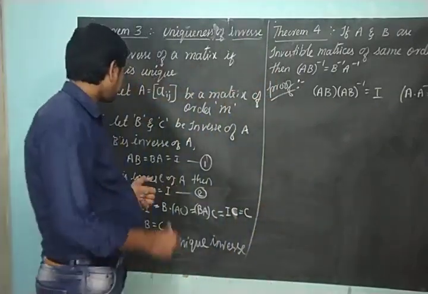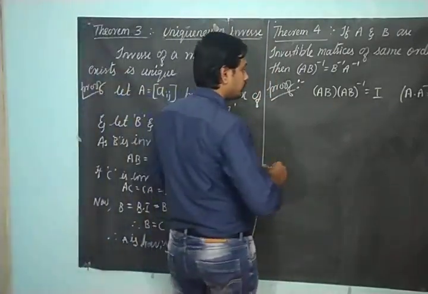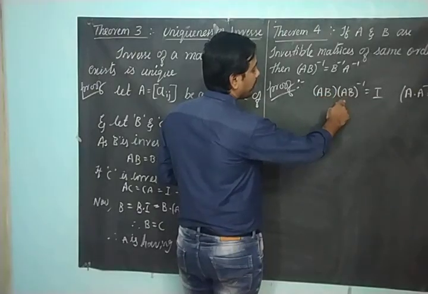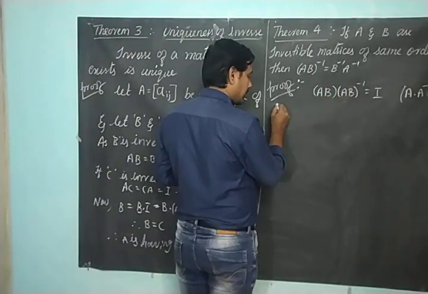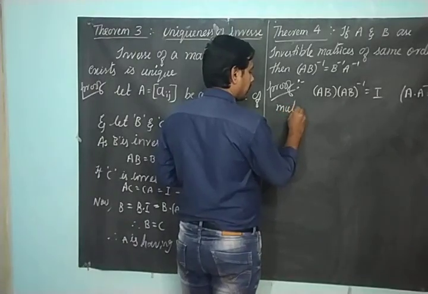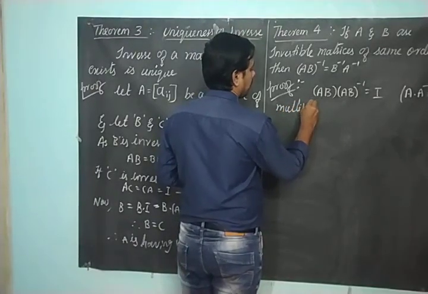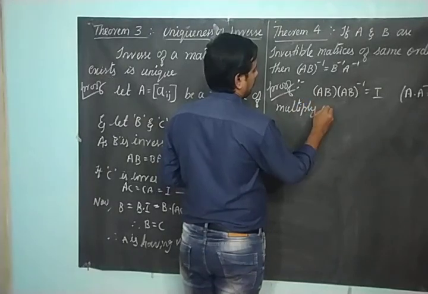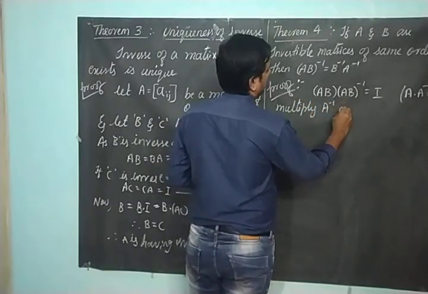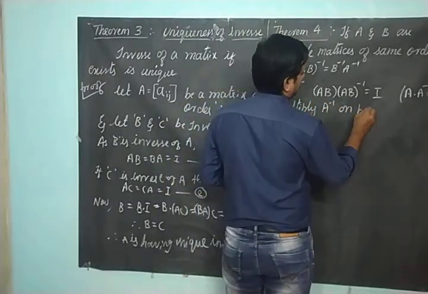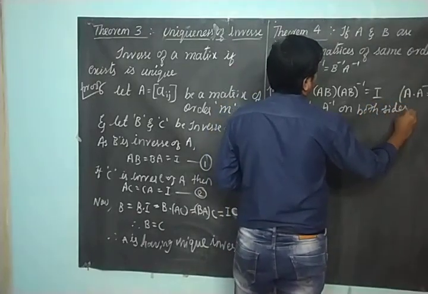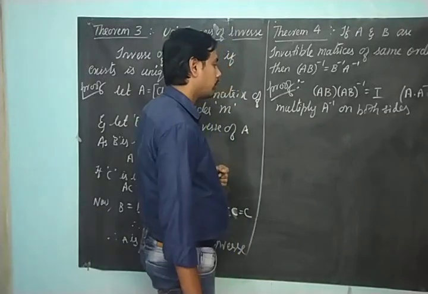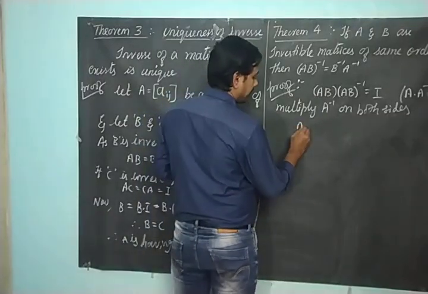Right? So now AB into AB whole inverse is equal to I. Now I will multiply A inverse to this. Multiplying A inverse on both sides, what do we get?